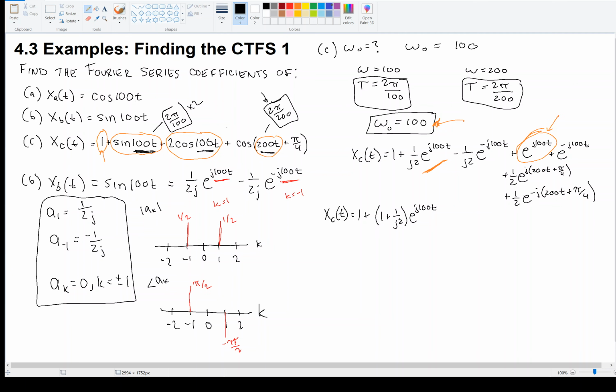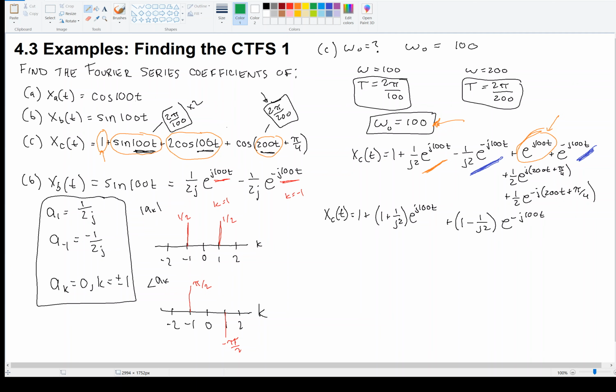Then I see I've got the minus first harmonic here because 100 is being multiplied by minus 1, and I have a minus 1 harmonic there. So I'm going to group those together. Plus 1 minus 1 over j2 e to the minus j 100t.